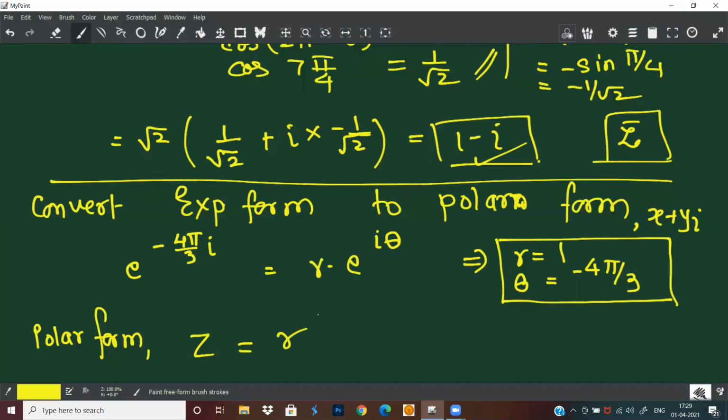r into cos theta plus i sin theta. So the value of r is 1 here.